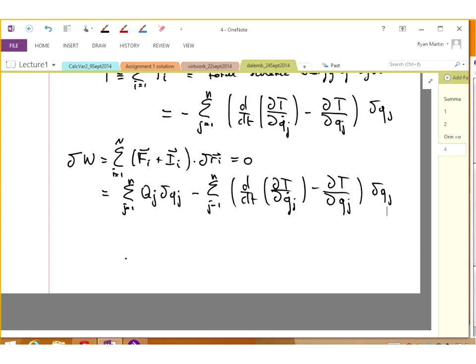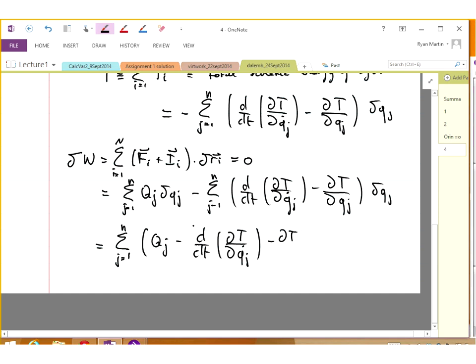So if I factor out the delta qj, to be really explicit, I have the sum of j equals 1 to little n of Qj minus, in brackets, d by dt of ∂T/∂q̇j minus ∂T/∂qj, close parentheses, delta qj.